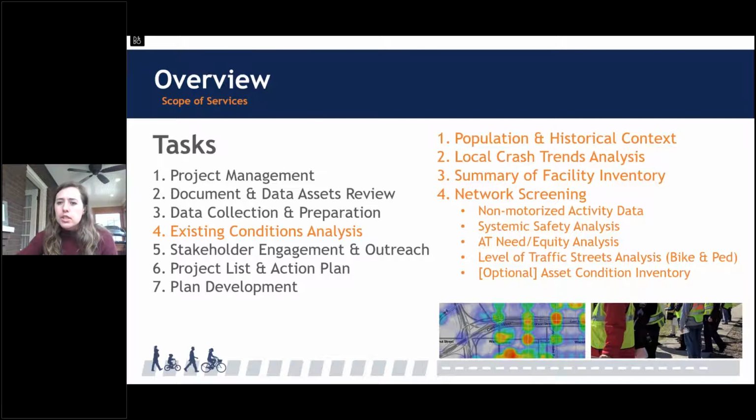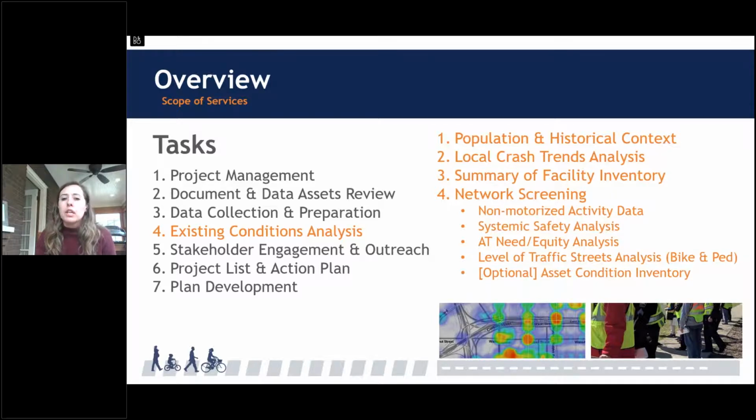So in this assistance, our goal with identifying these analyses specifically is just to align the plan's recommendations with our statewide goals and with our funding priorities as well. So for example, including a systemic safety analysis was particularly important to us because we've been really focused on systemic safety within our highway safety improvement program.